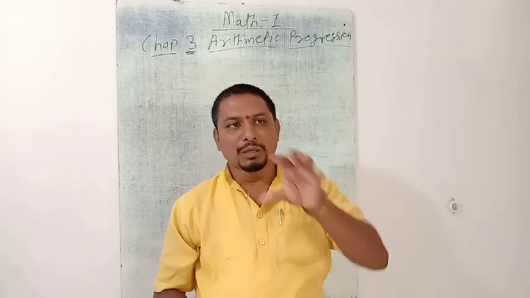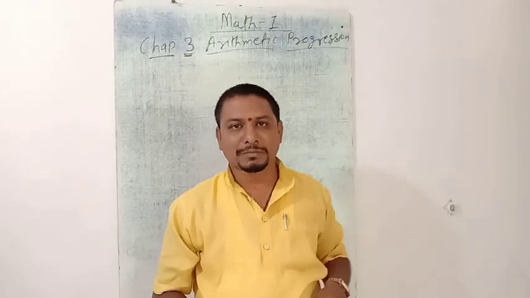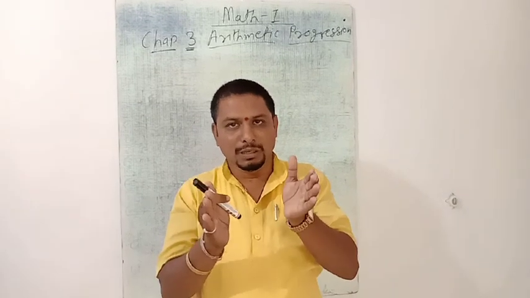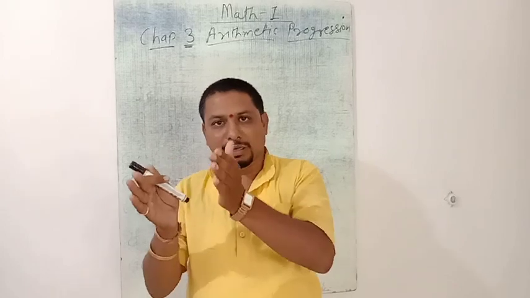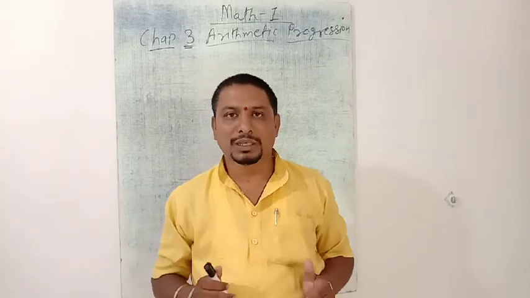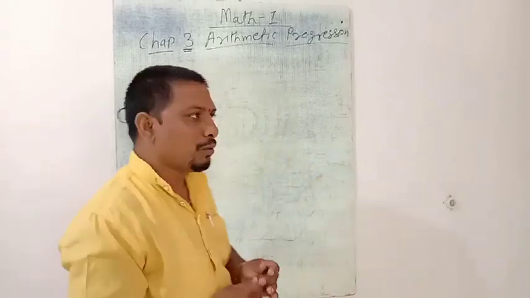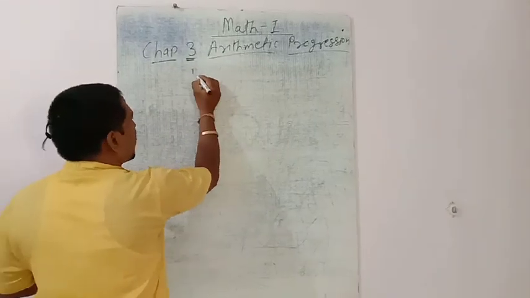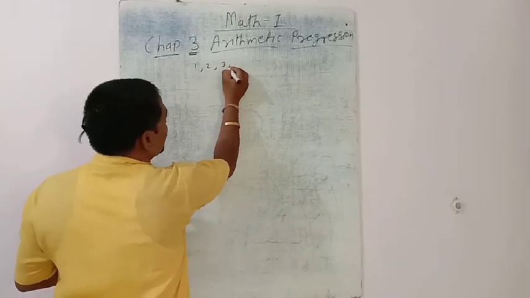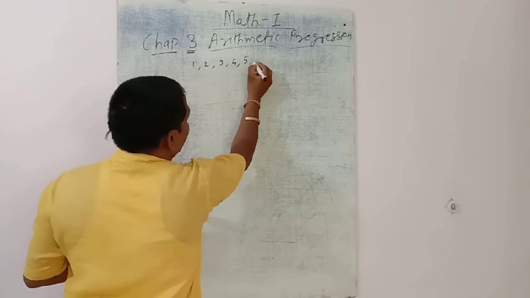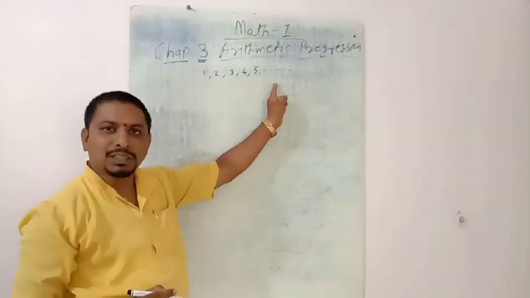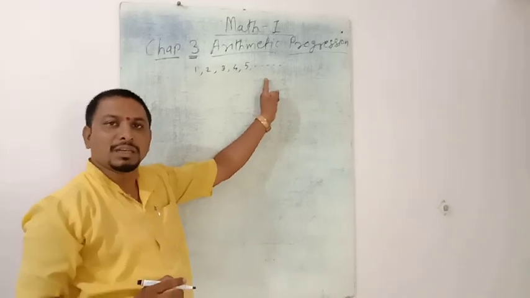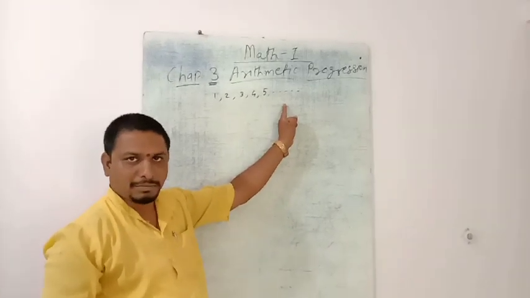In sets, we know there are different types of sets. A bunch of flowers is a set, and a collection of numbers is another type of set. Last year we wrote 1, 2, 3, 4, 5, and so on. This set is the natural number set.